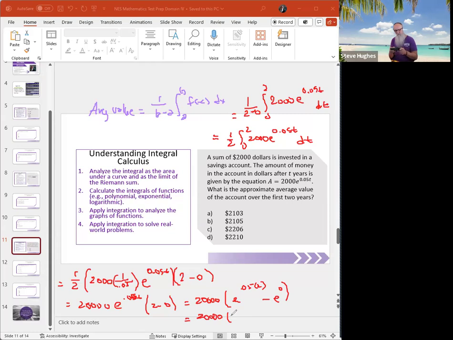Well, let's find this value. Let's find e raised to the 0.05 times 2, close parentheses. I get 1.105.